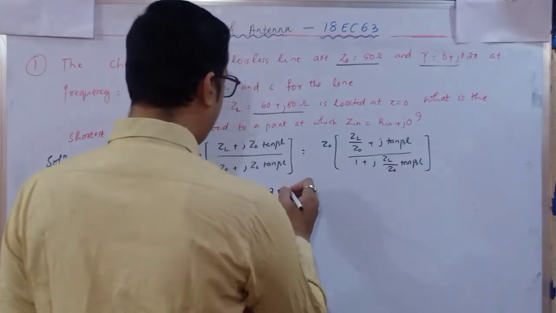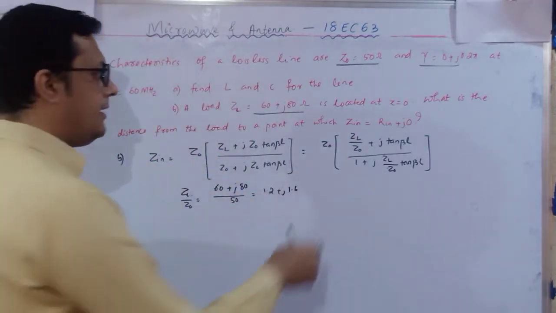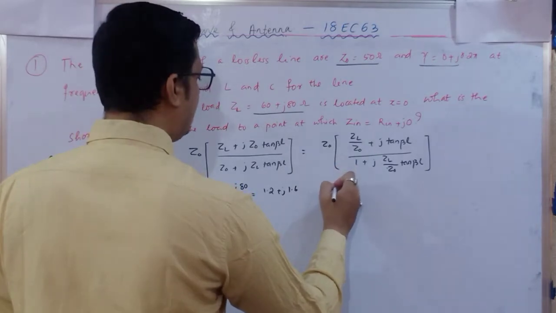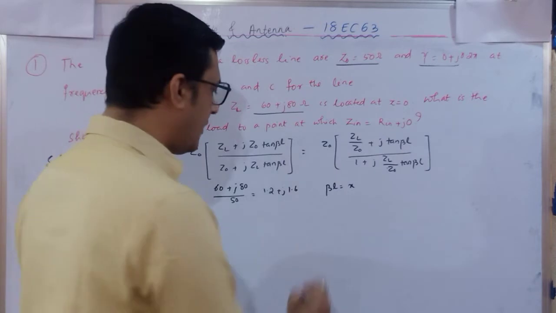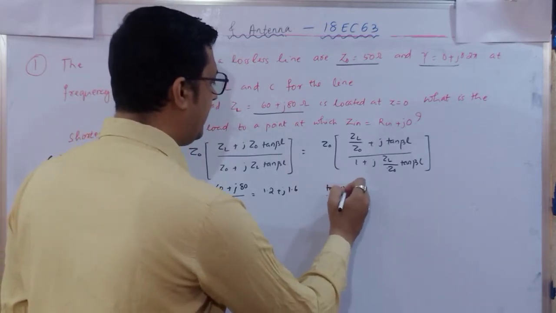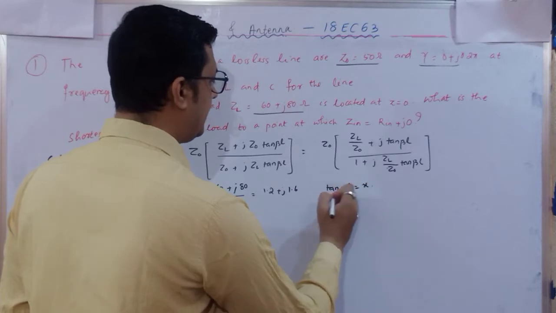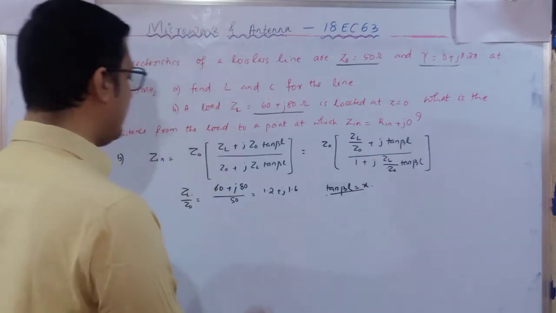Okay, so it is 1.6. Substitute this value. And here let us consider tan beta l as X, because this X we have to determine.